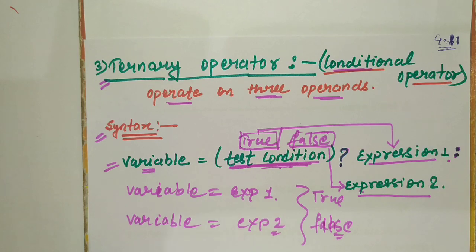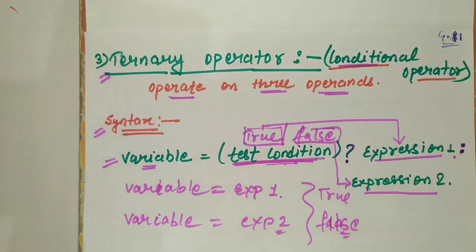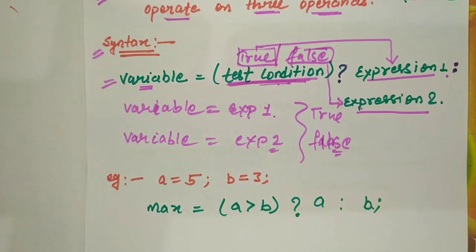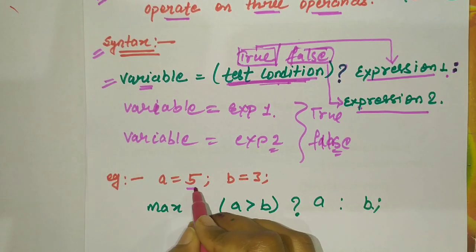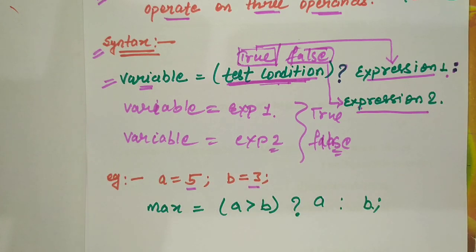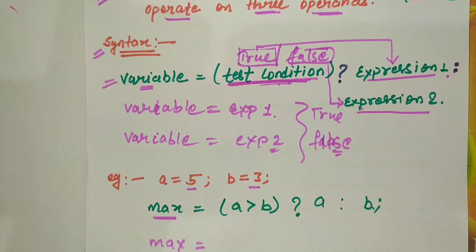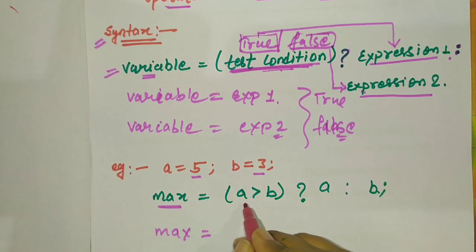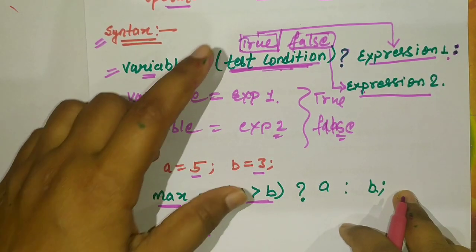Let's see an example related to the ternary operator for better understanding. Here we have two variables, a equal to 5 and b equal to 3. What is the value of max? Firstly, this is the test condition.